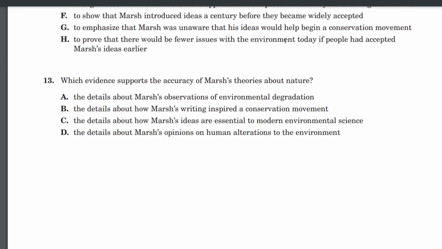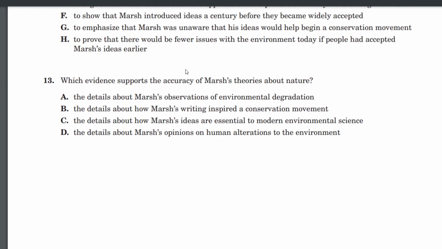Now, notice all the answer choices on the new ELA reading are in quotes with line and paragraph references, almost entirely, but you should be aware of some alternative presentations like 13 in this example. Which evidence supports the accuracy of Marsh's theories about nature? Notice the answer choices are not in quotes. There is no line reference.